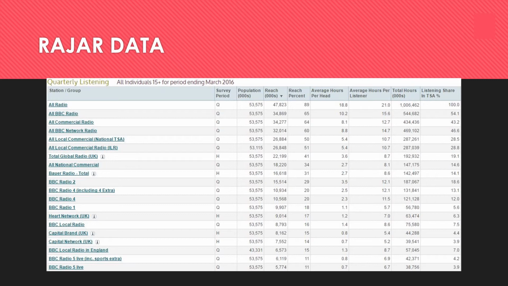Now, one of the reasons for this is because Radio 2 has things like plays and interviews on, which you're going to listen to for a longer period of time. One reason why BBC seems to have done a lot better than Heart and Capital is that BBC doesn't have advertisements, so people don't turn off because the adverts come on.